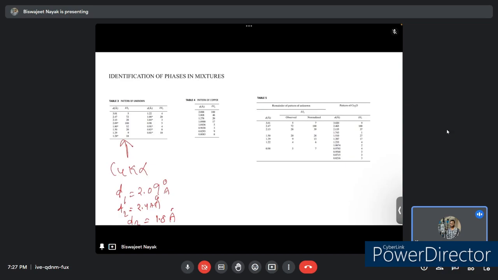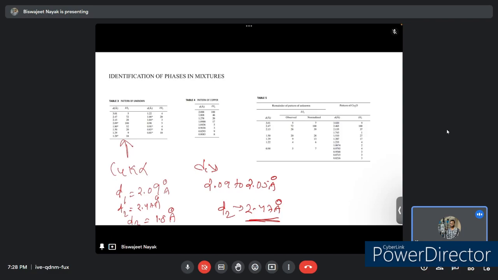Then, identification of phases in mixtures is somewhat more complicated than identification of phases in single phase material. Here we can see a pattern obtained from copper K alpha radiation and a diffractometer, for which D1 is given as 2.09 angstrom, D2 as 2.47 angstrom, and D3 as 1.8 angstrom.